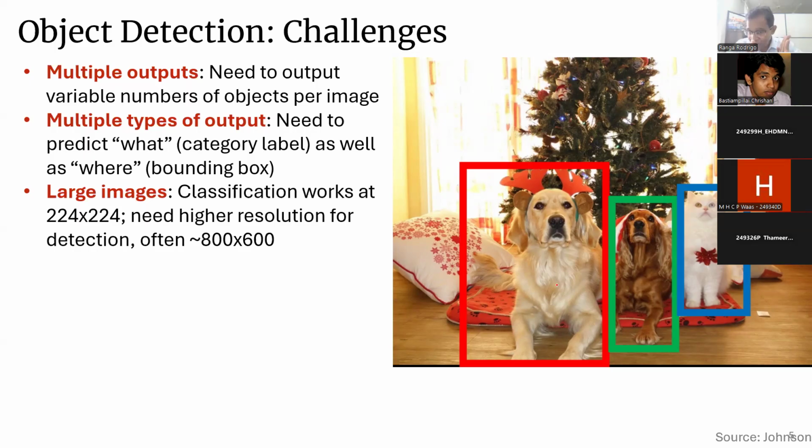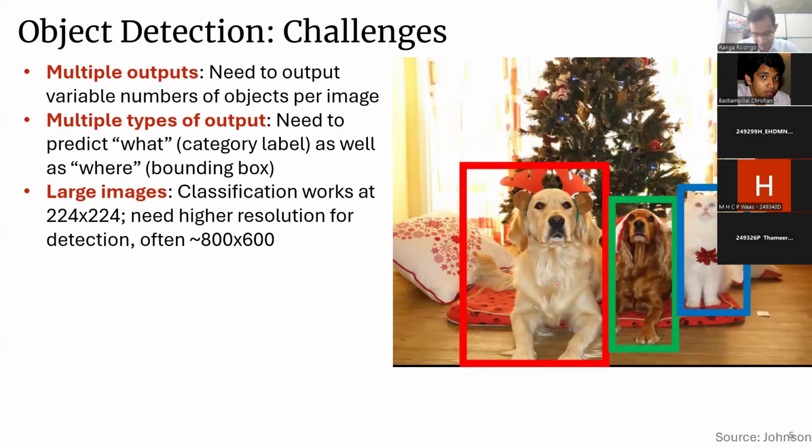But if you have a dog and a cat, you need to produce their class also, class and the bounding box and the size. That means five numbers per object, and therefore 10 numbers will have to be produced if you have a cat and a dog. In this image, you have a dog and a cat. What that means is you will have to produce 15 numbers for this image. So therefore, depending on the contents of the image, the output size will have to change.